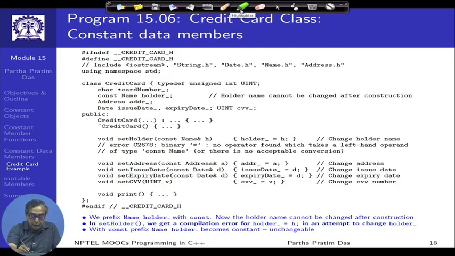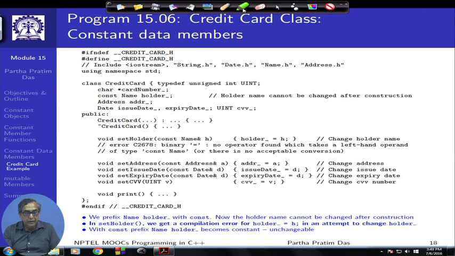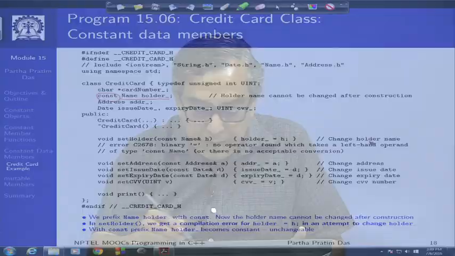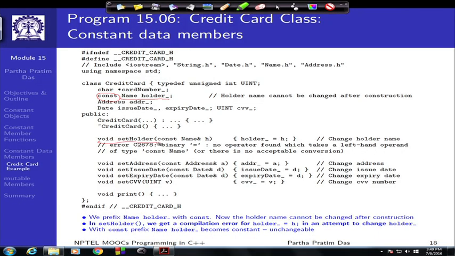So, what do we do? Now, we have learned how to do this. If we do not want the name of the holder to be changed, then before the declaration of the name of the holder, we put a const. So, the name of the holder now becomes a constant data member. So, in a credit card object, this cannot be edited, which means that the set holder function that we had written now becomes an error, because it is trying to assign to the holder which is defined as constant.